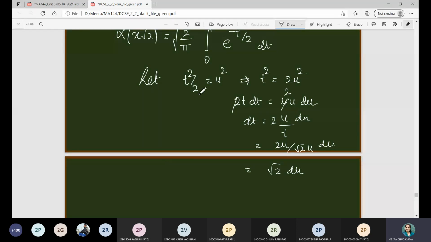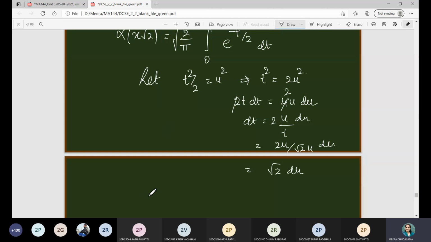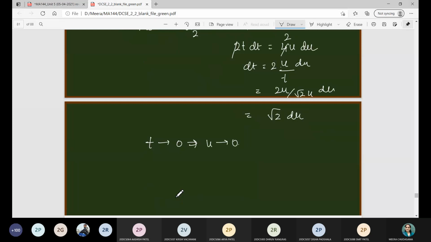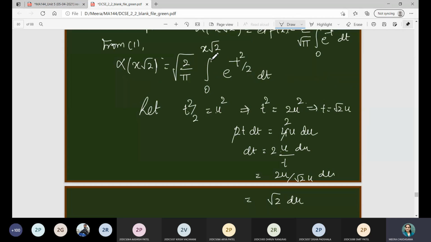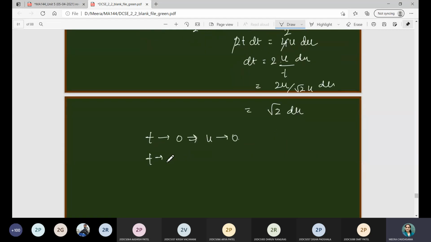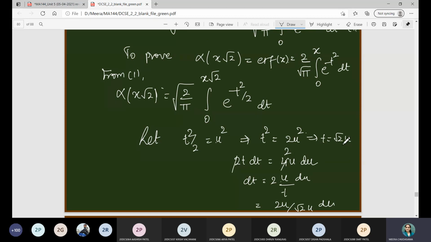And let us check the limits now. As t tends to 0, u will tend to 0, and as t tends to x root 2, taking the positive square root on both sides, u will tend to x, because root 2x comes here, so u is equal to x.